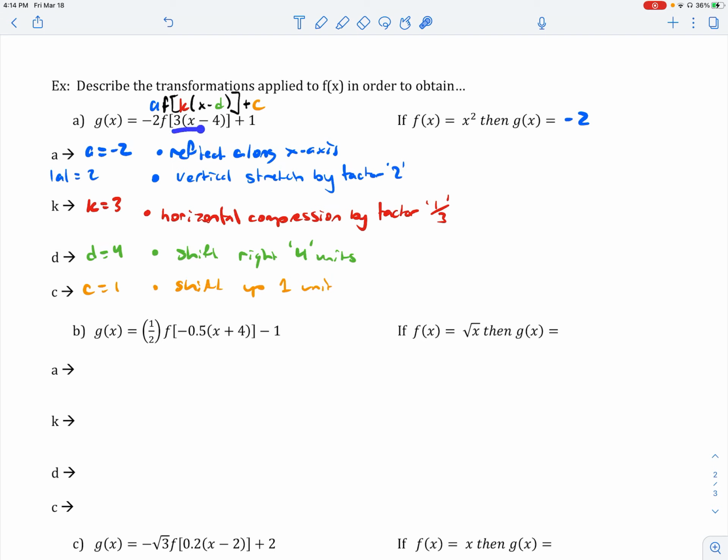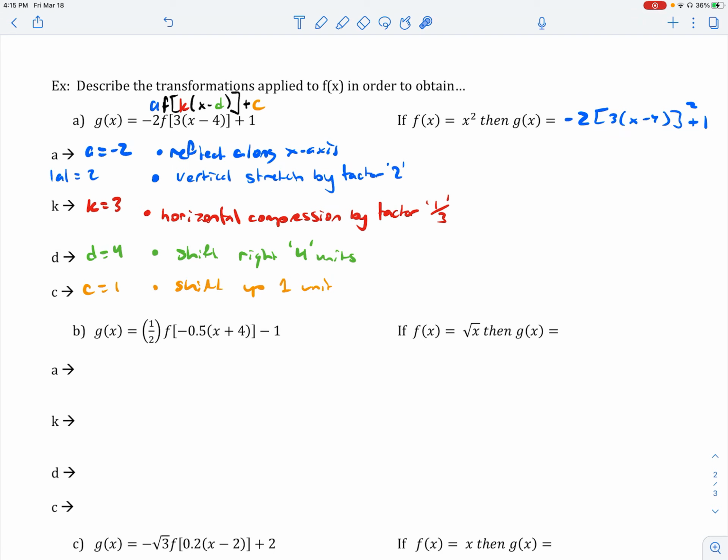Now I have f, the square block, and everything needs to go in for x. So it's going to be squared. We got x minus 4, close it up, that'll be squared. And then we have the plus 1 at the end, so we'll write plus 1. So this is my equation for g of x.